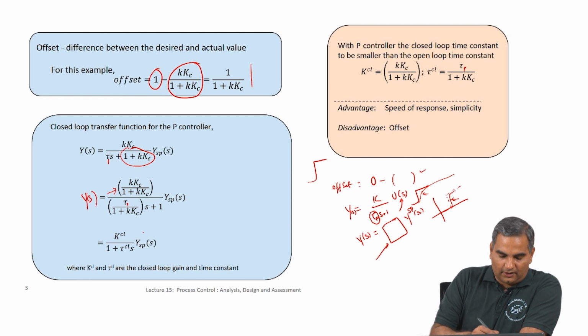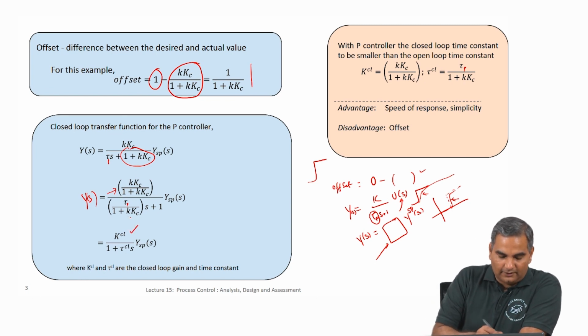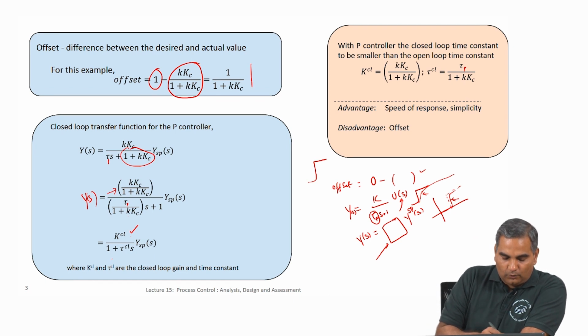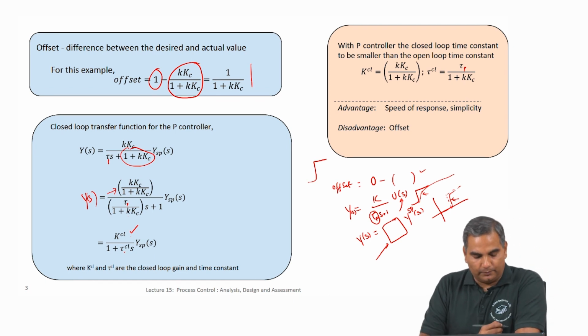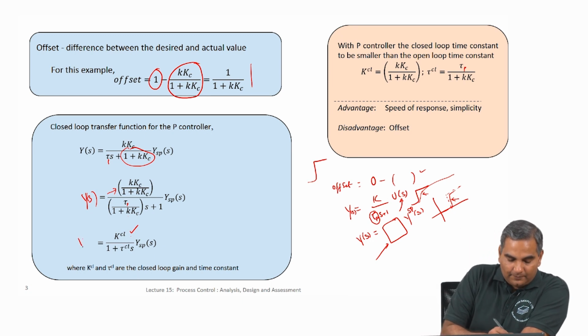Now this is a constant, let me call it the closed loop gain, and this the closed loop time constant. Then I will have this equation as k closed loop divided by 1 plus tau closed loop s. Now notice something interesting here.